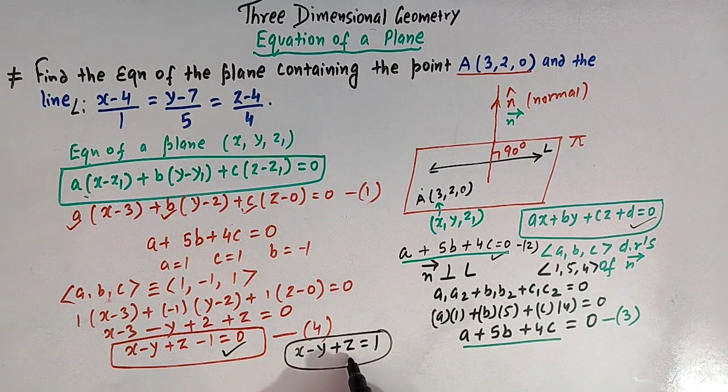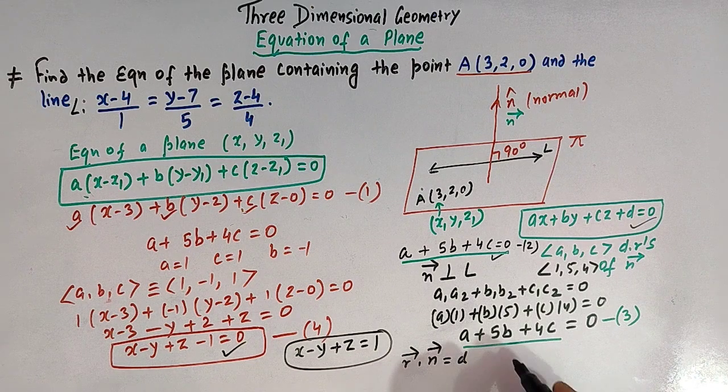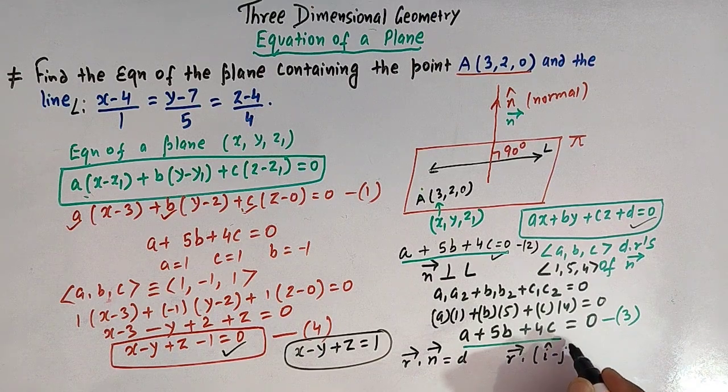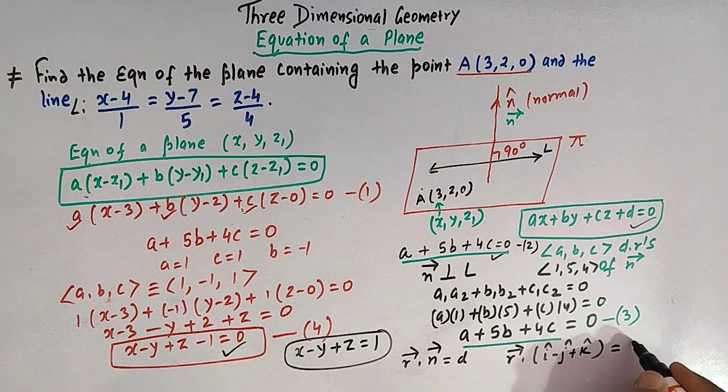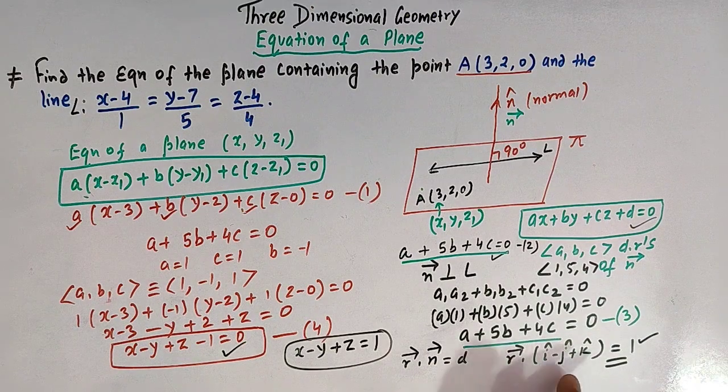We can also write the vector form of this equation, that is vector r dot vector n is equal to d. So we can write this Cartesian equation in terms of vectors, that is vector r dot (i cap minus j cap plus k cap) is equal to 1, right? So this is the vector equation of this plane pi, right?